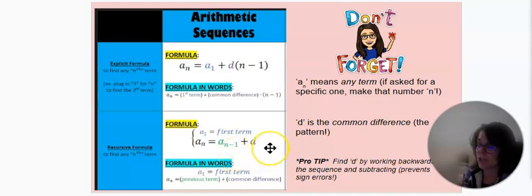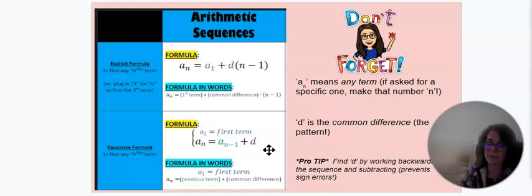You guys, this is just telling you what the pattern is. That's it. It's saying to get to the next one, add this. And the one after that, add this again and again. That's what a common difference does. So it just gives you the pattern. To use the recursive formula, you're really only going to use it to find a term near one you already know.